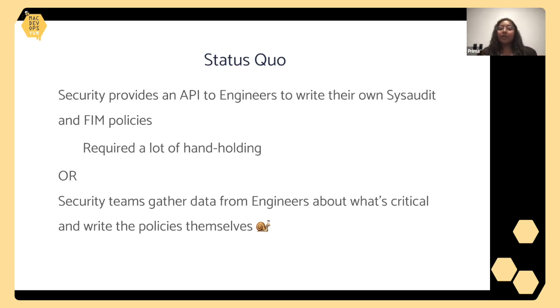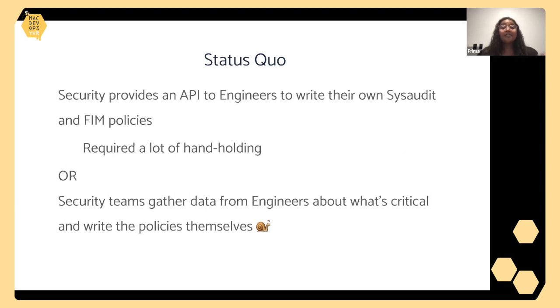And there's a lot of back and forth involved. The engineers also have to learn an entirely new system that they may not previously be familiar with. So it is still very time consuming.